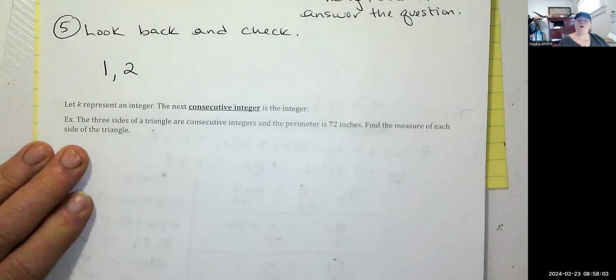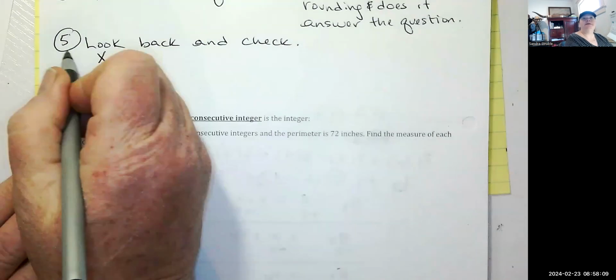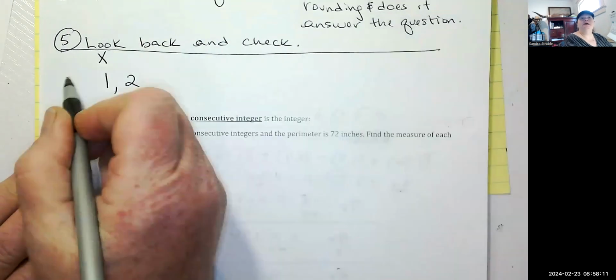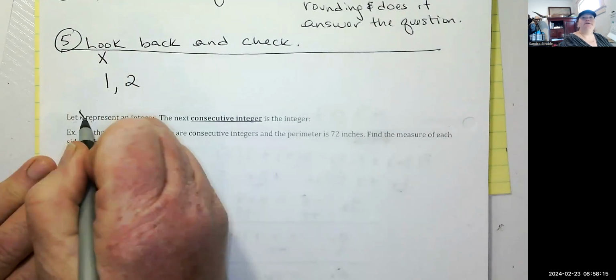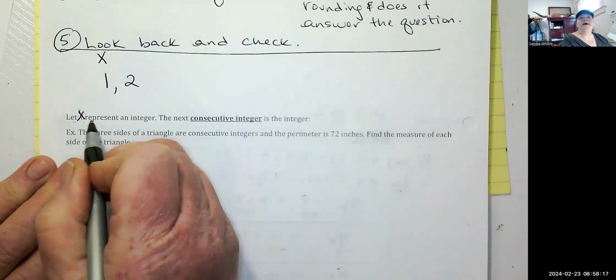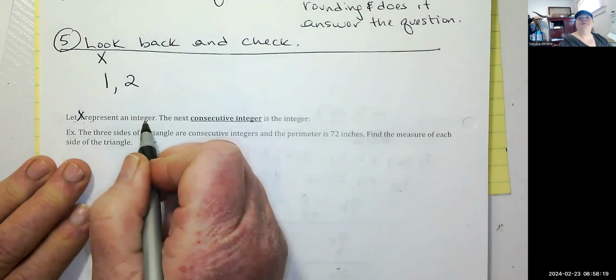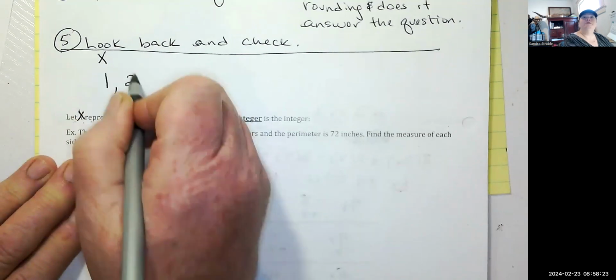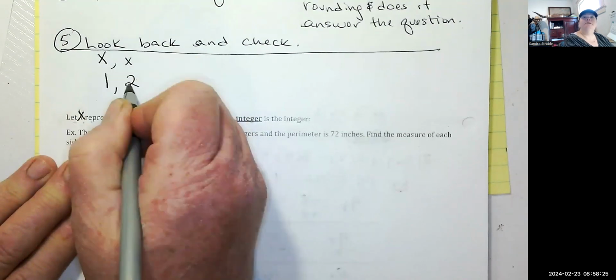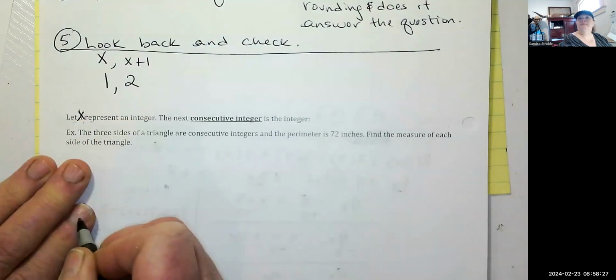We add 1. So if we let x represent an integer, then the next consecutive integer is x plus 1.